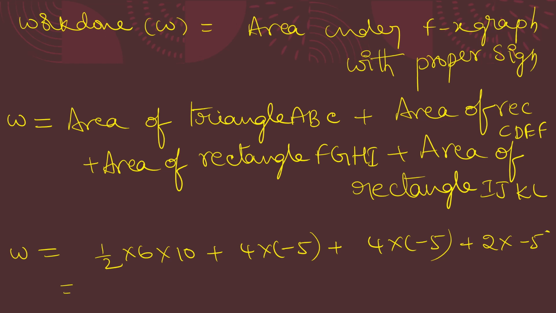So that is equal to 30 minus 20, 4 into 5 is 20, minus 10, 4 into minus 5 plus 4 into minus 5, this is plus 5, so plus 20, minus 10. The 20 gets cancelled, 30 minus 10, we are getting 20 joules.